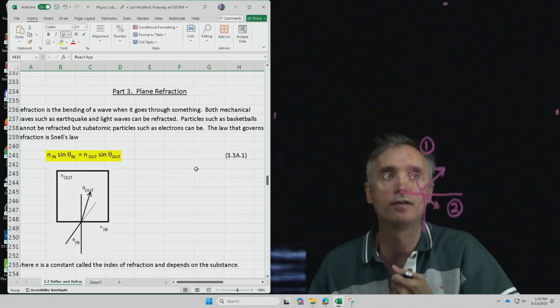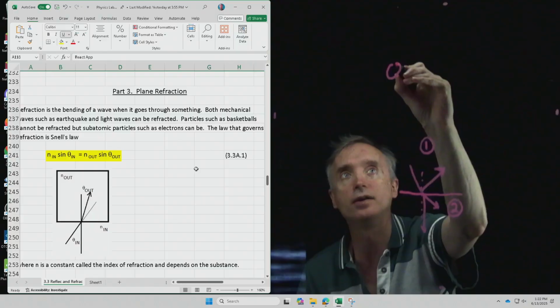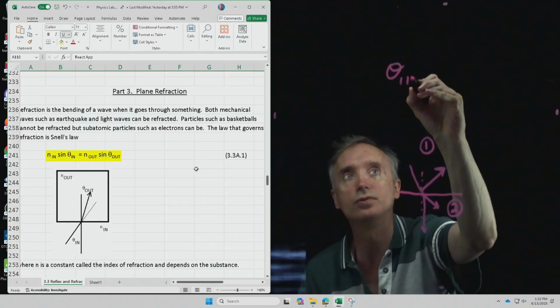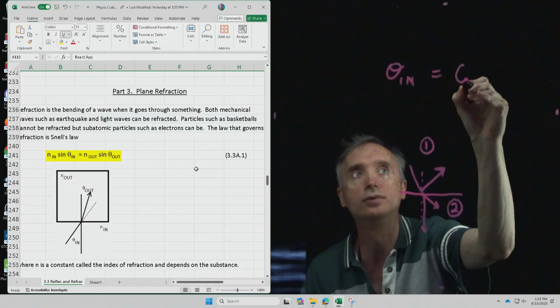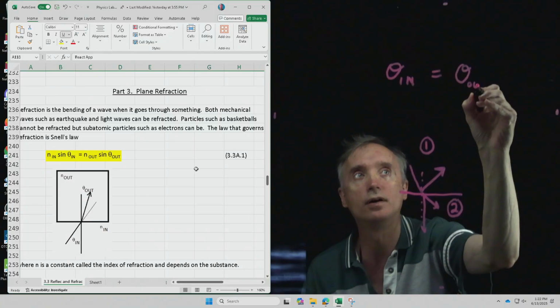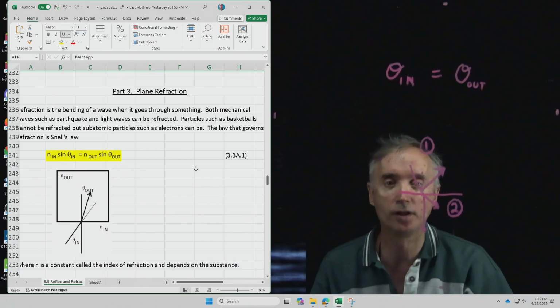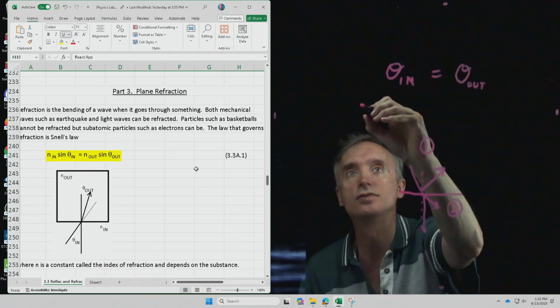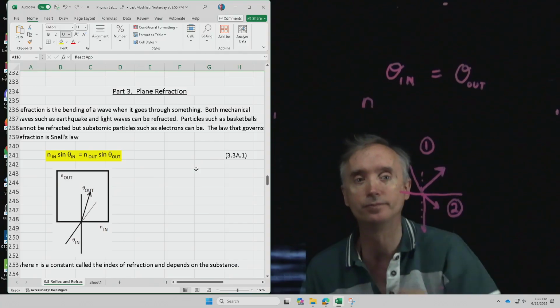Do you remember that for reflection, the formula was that the angle going into the mirror was equal to the angle that was coming out of the mirror? This time, the formula is more complex. It's going to depend on what the substance is.